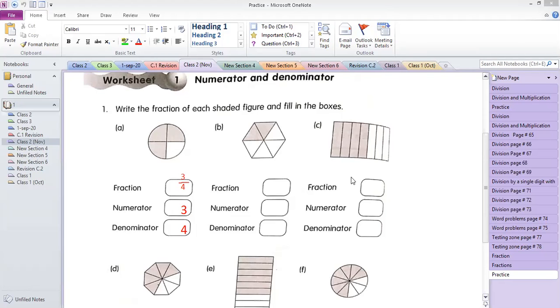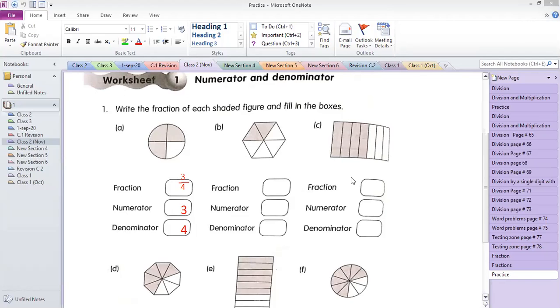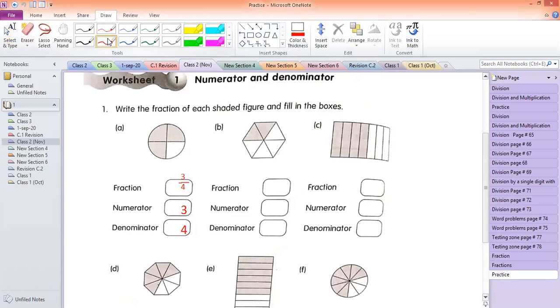Someone is saying 6, someone is saying 7. Let me help you. I will take a pointer and I'll show you. 1, 2, 3, 4, 5, and 6. So it is divided into 6 equal parts, right?